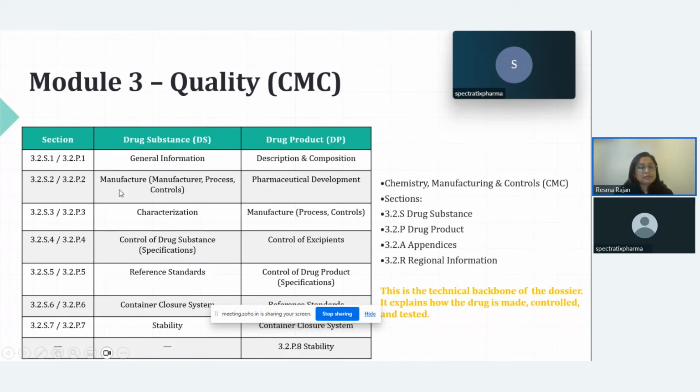And for the drug substance, the manufacturing section is 3.2.S.2. At the end of the session, I can show you module 3, and I'll explain it in much more detail if you need. This second section, S.2, is about manufacture. First you will have to give who the manufacturer is.